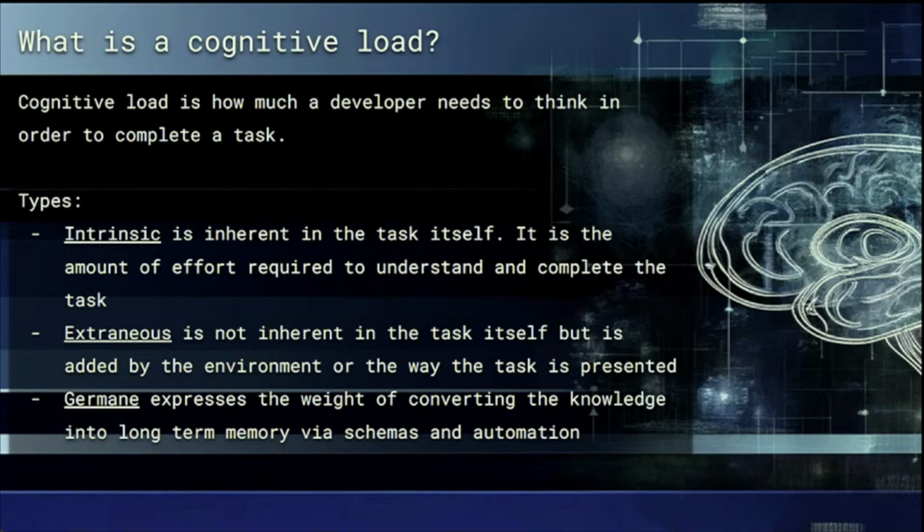So that's why we should pay attention to how much information is required while working with a given task. That's also the reason why we should split tasks into smaller ones, because it's easier for us to store them in our short-term memory.